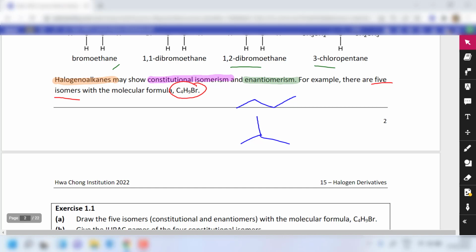If you recall, for 4 carbons, the maximum number of H it can take on, as though it were an alkane, is equal to 2n plus 2. So 2n, 2 times 4, plus 2, which is equal to 10. In this case, it has only 9 H, but it doesn't really matter here.